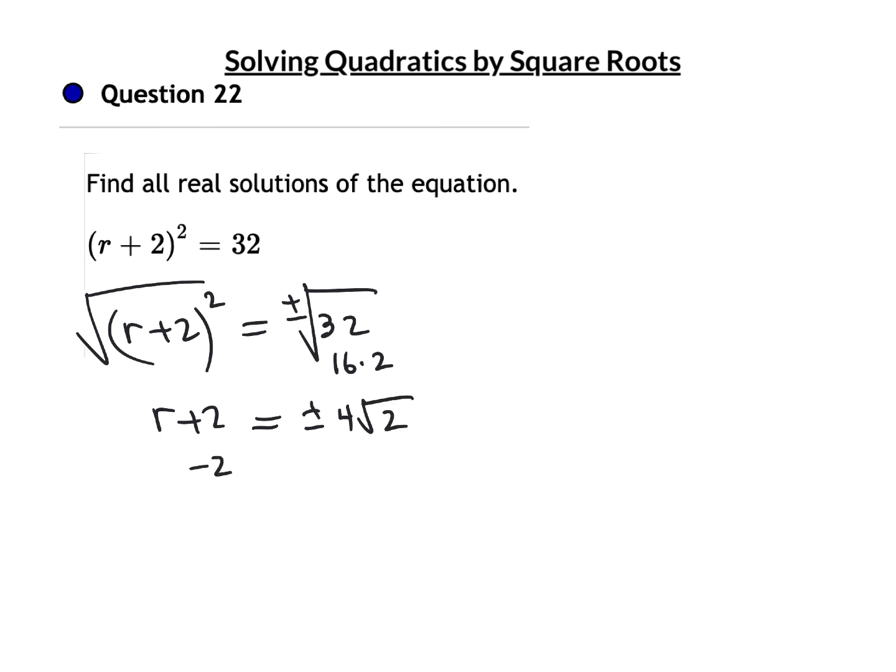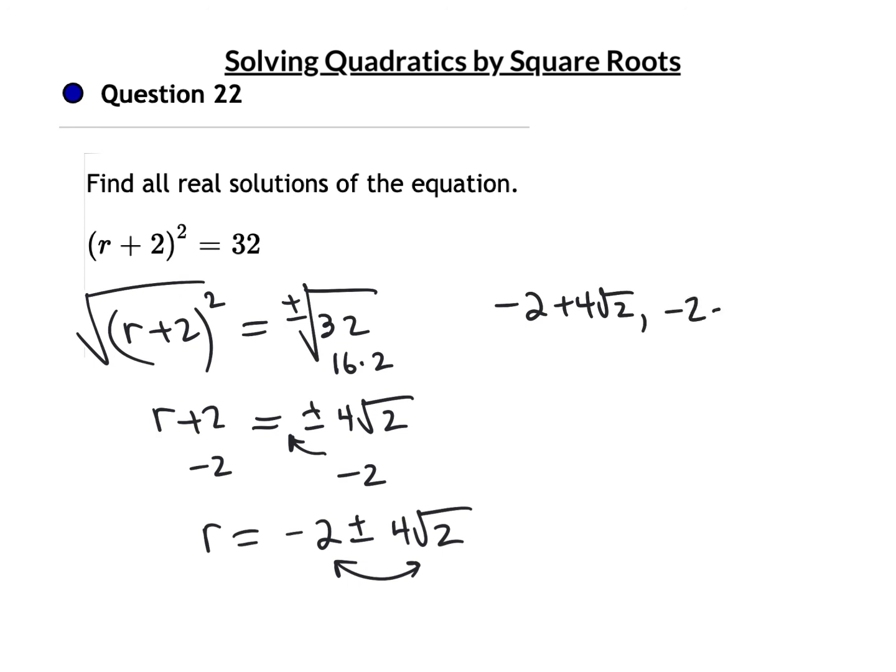Get the R by itself, take a 2 off each side, and we'll pop that 2 in front. And our two answers are in the form of -2 plus or minus 4 root 2. I cannot combine these. They are not like terms, but I can split them up into two answers, -2 plus 4 root 2 and -2 minus 4 root 2.